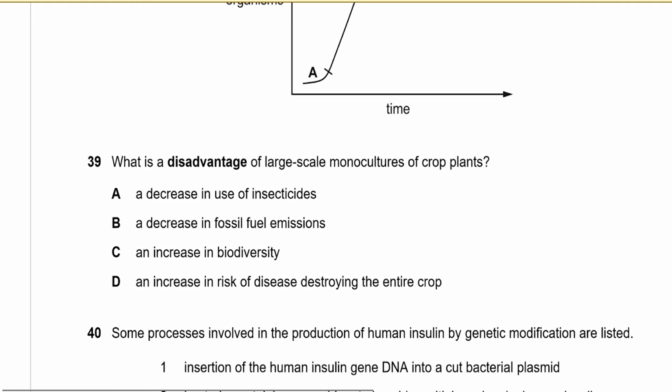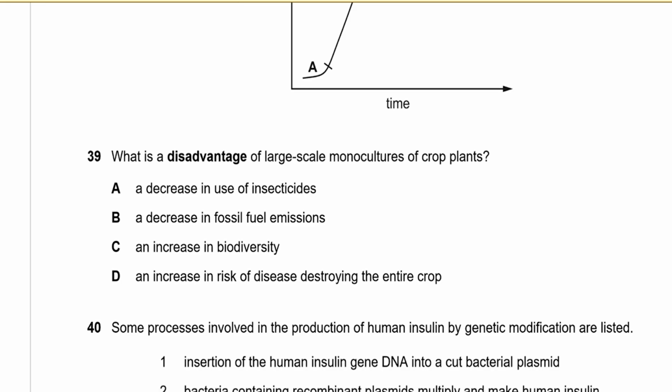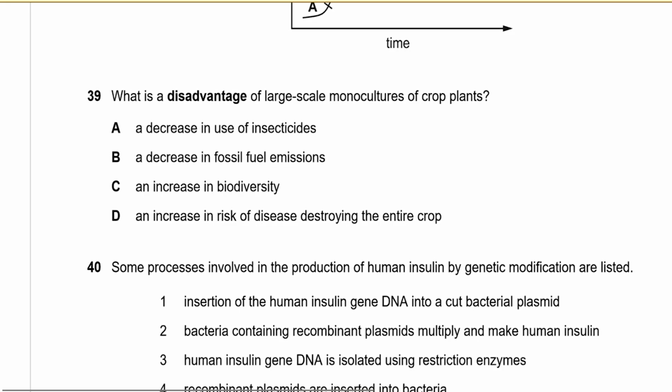Number 38 says, what is a disadvantage of large-scale monocultures of crop plants? A large monoculture means you are growing a certain kind of crop, maybe maize, only in a very large piece of land. So what is the effect? Decrease in use of insecticide, decrease in fossil fuel emission, an increase in biodiversity, or an increase in risk of disease destroying an entire crop.